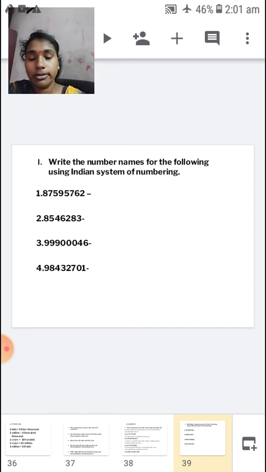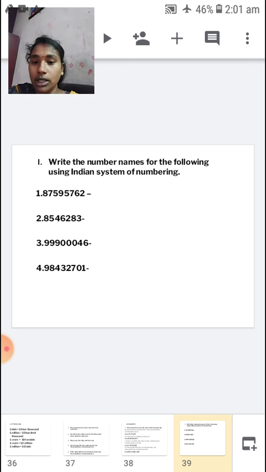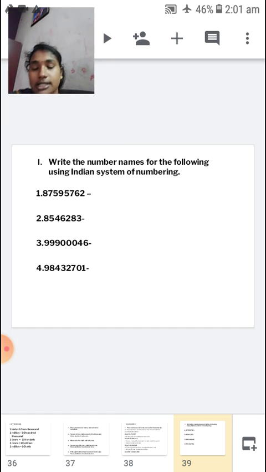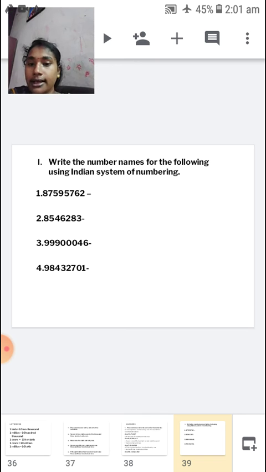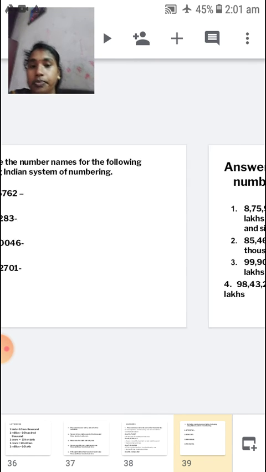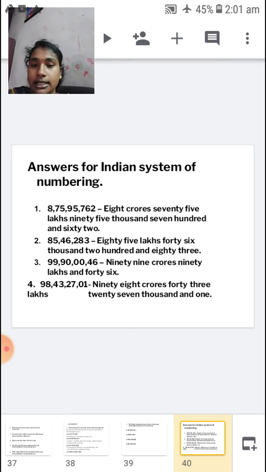So the answer will be 9 crore 84 lakh 32,701. So here are the answers given in number names. Did you copy it, children?